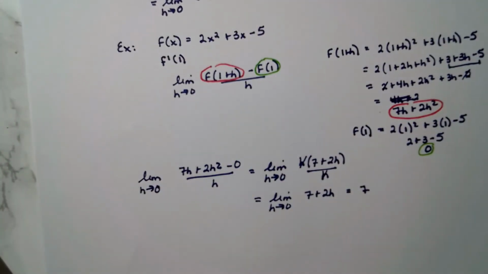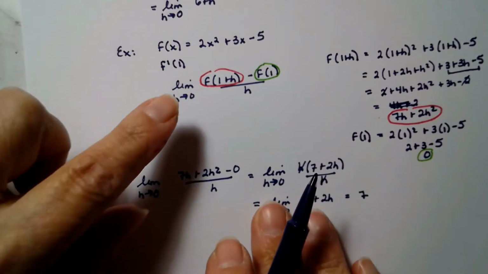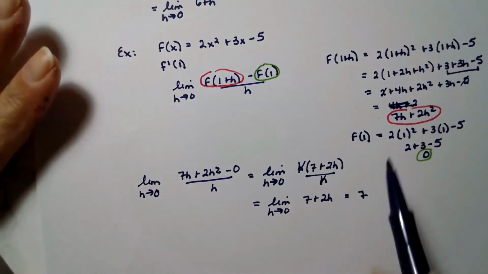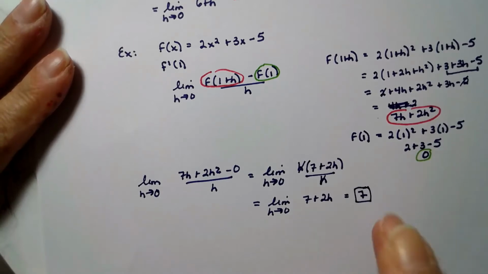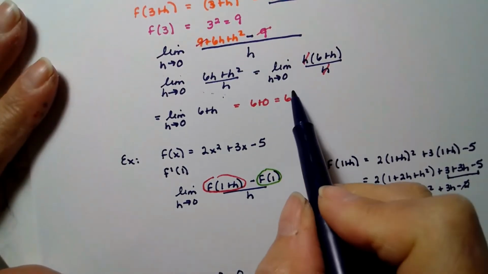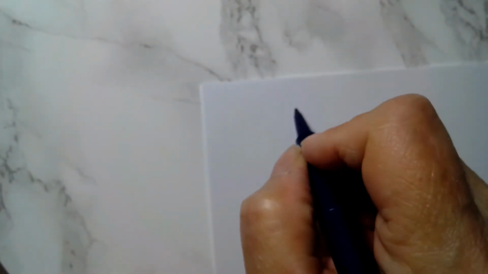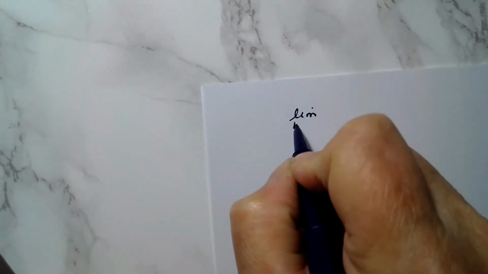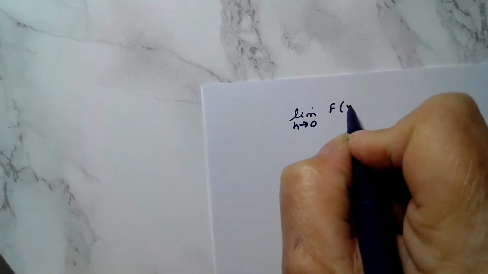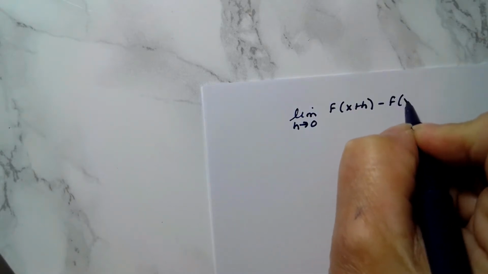The other thing is when we're evaluating this at a point, at some x equals a, you're going to end up with a number as a result. So in this one we ended up with a number, and the one above we ended up with a number. So then I said, what if I did this?